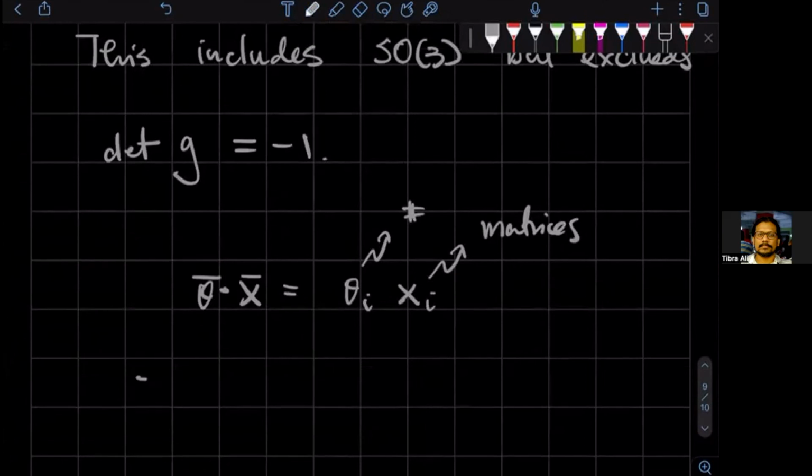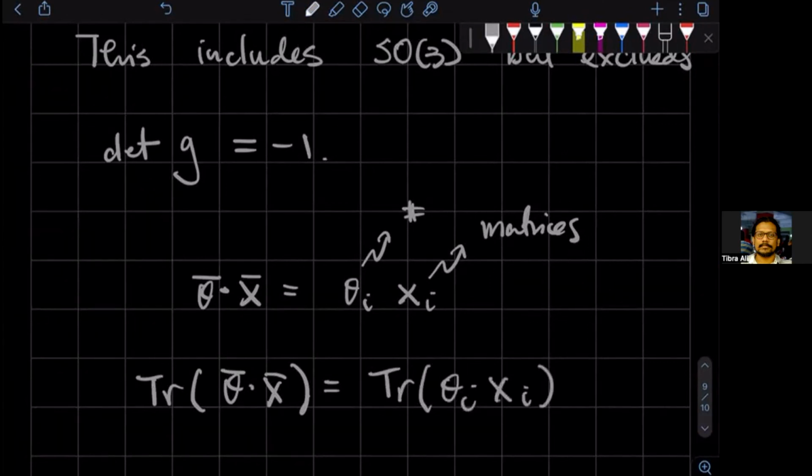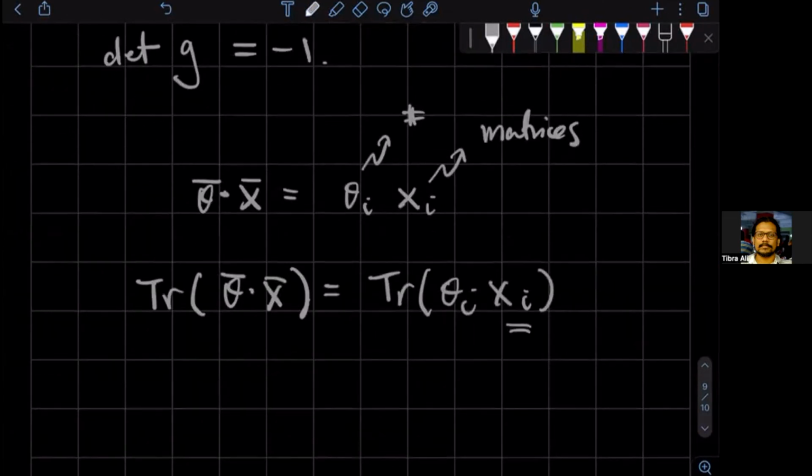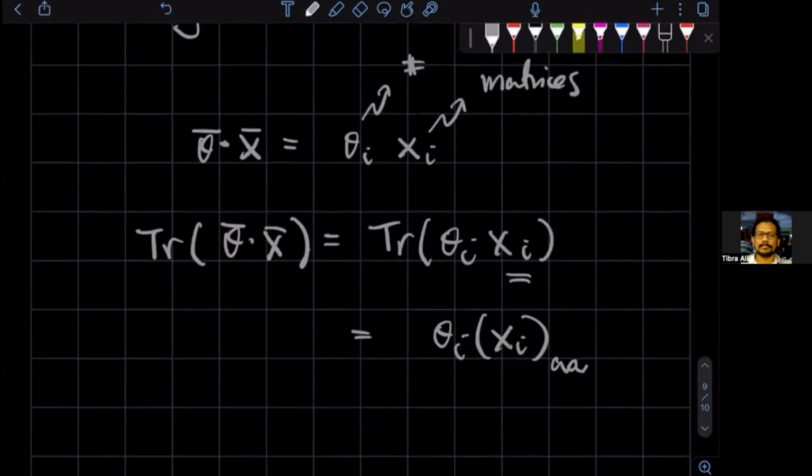So when I say trace of theta dot x, what I mean is the trace of the matrix, which is just this thing, theta i times the matrix x i. We are summing over, say, the AA component, right? That's what trace is. So this is theta i trace of x i, right?